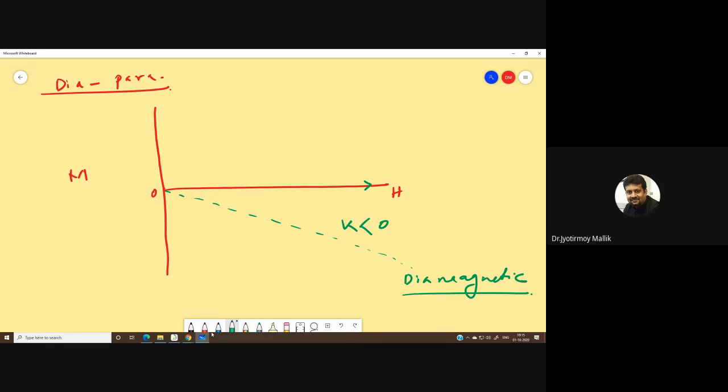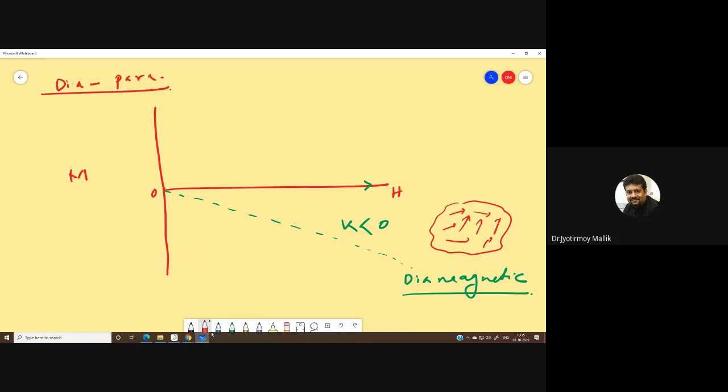So what do I mean by that? If I look at it from the magnetic moment perspective, suppose this is my material and there are magnetic moments randomly oriented.